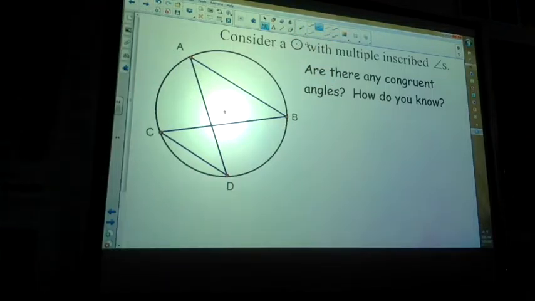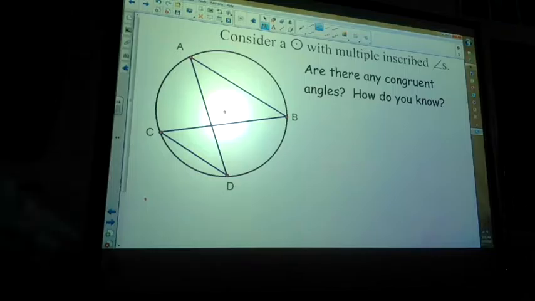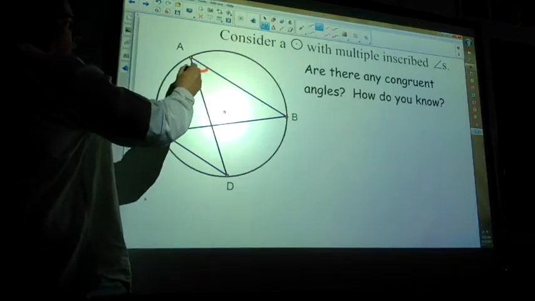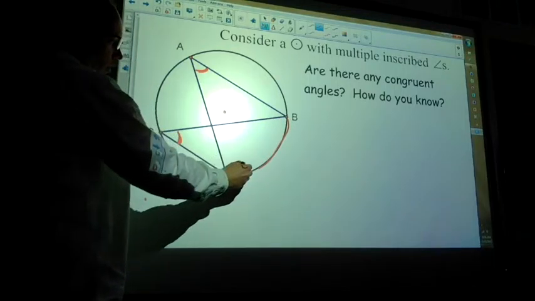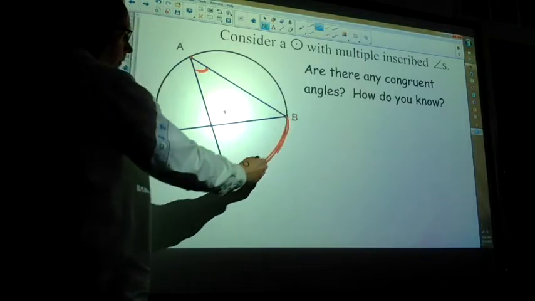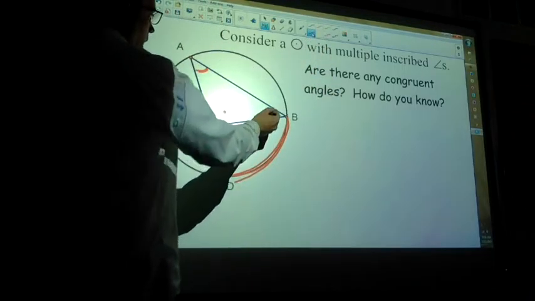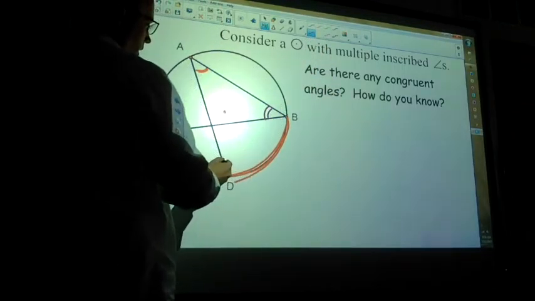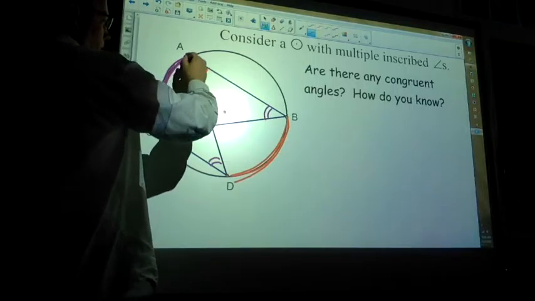All right, consider a circle with multiple inscribed angles. Are there any congruent angles? How do you know? Vertical. So this angle is congruent to this angle because it opens up to this here. Agreed? All right, what else can we do? This angle here and this angle here because it opens up to this, right?